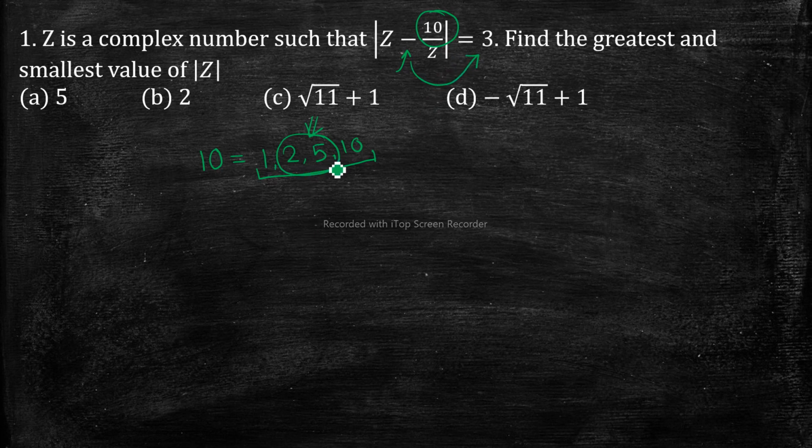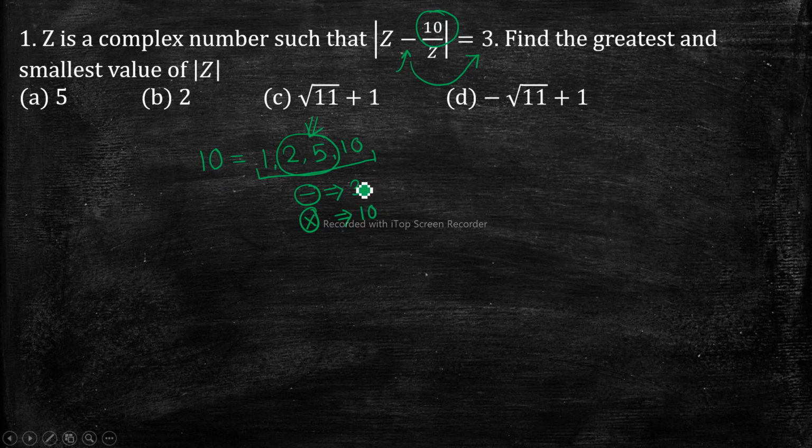So 5 and 2: if we choose these two factors and subtract them, we definitely get 3. And not only this, one more condition we have to satisfy: their product must give 10. Yes, 5 into 2 is definitely 10, and 5 minus 2 is definitely 3. Don't think, sir, 2 minus 5 is minus 3.